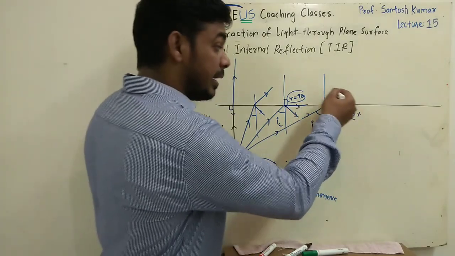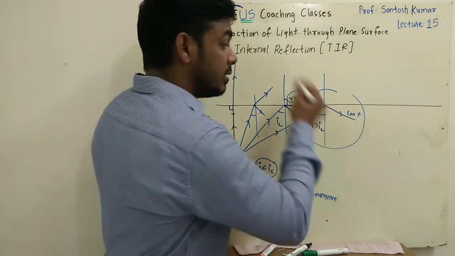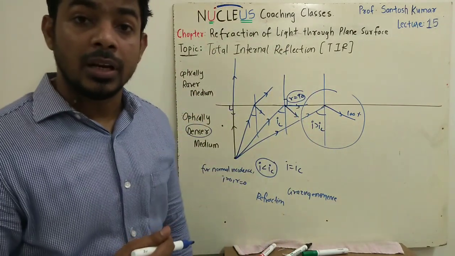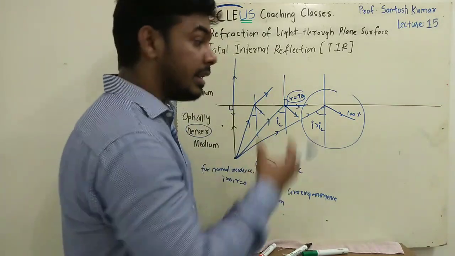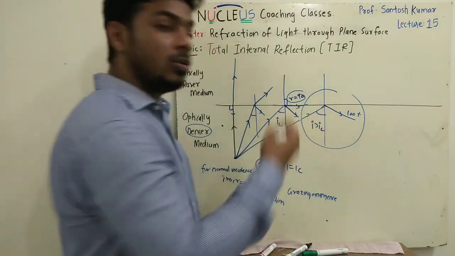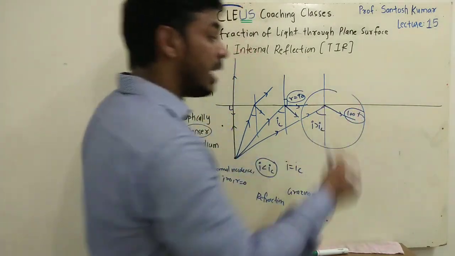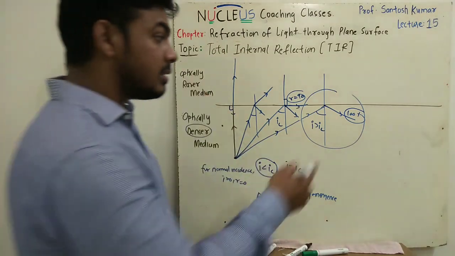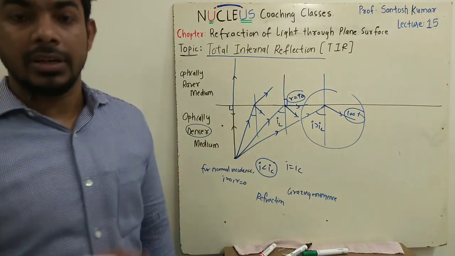So this is a special case where a ray of light strikes the interface of an optical medium but no refraction takes place, the entire ray gets reflected back into the denser medium, and we can say 100% light comes back, and hence this phenomenon is called total internal reflection.